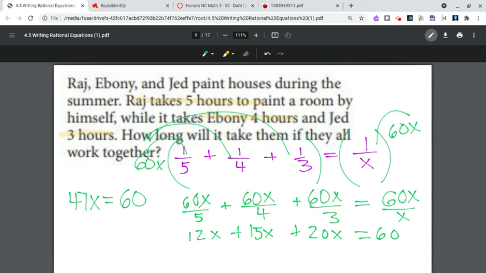Divide both sides by 47, and we get 1.28. x is approximately 1.28. 1 hour and 28 hundredths of an hour. We could just leave it like that.